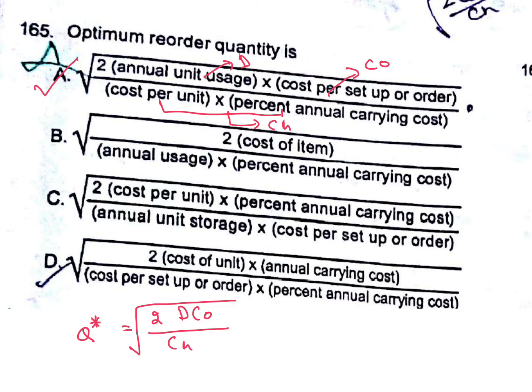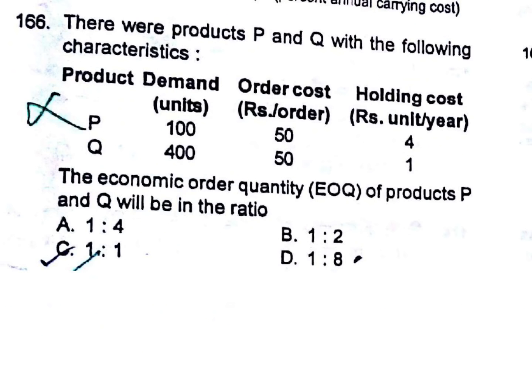There were products P and Q with the following characteristics: demand, ordering cost and holding cost given. You have to calculate EOQ of product P divided by EOQ of product Q. So Q star for P is root over 2 into D, which is 100, then ordering cost CO is 50, holding cost is 4.